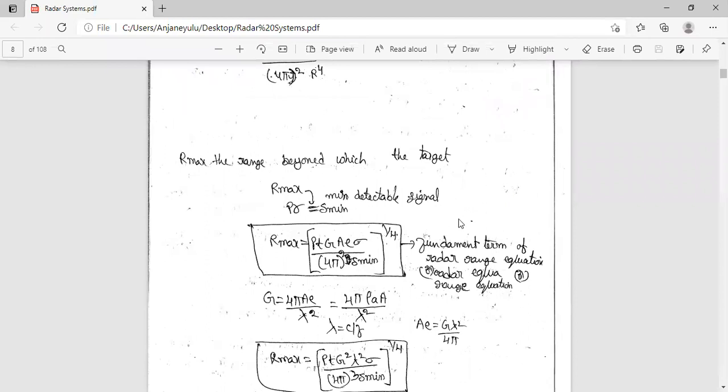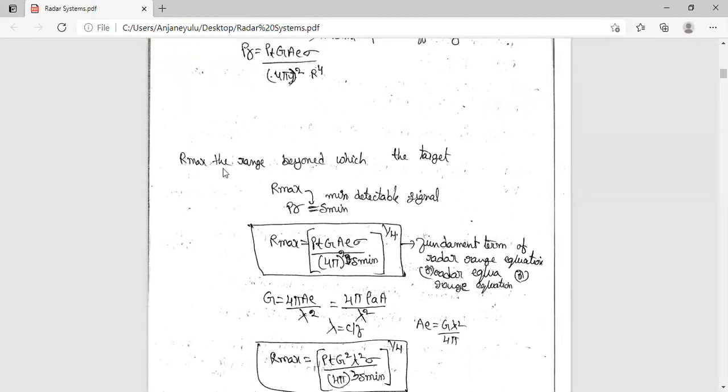So R maximum is the maximum range or maximum distance between the target and the radar system. R maximum is the range beyond which, if the target is present, there is no power received by the receiving antenna.